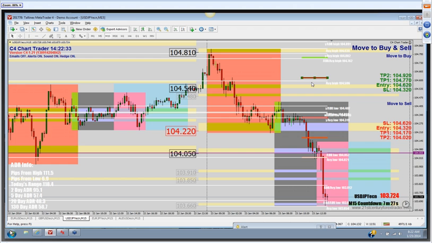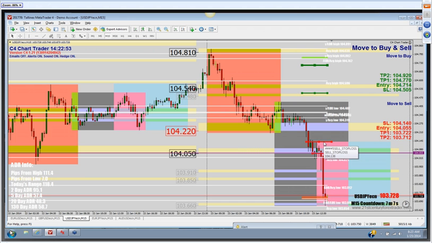So, right here we can grab our sell lines. Let's try that again. Here we go. We'll grab our sell lines. We can put a sell on right here at 104.05.